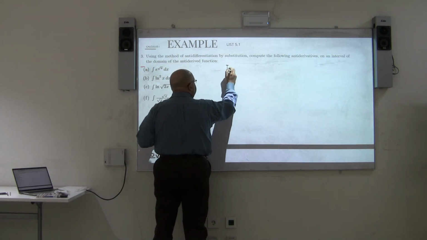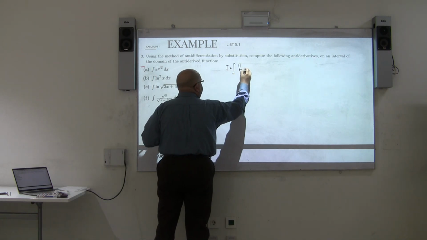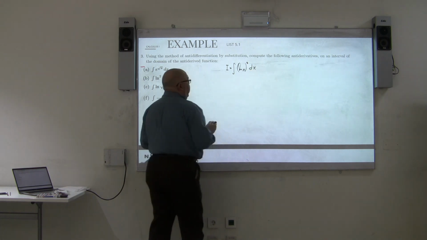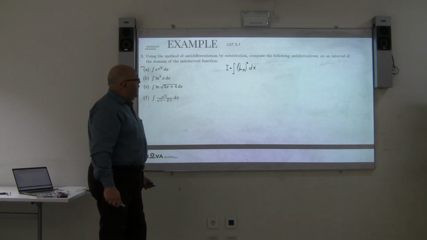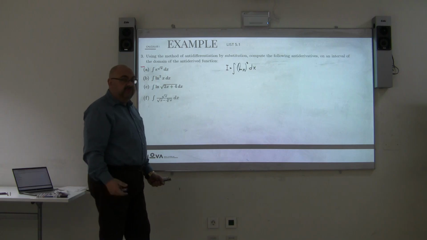The second problem is I equal to the integration of ln x to the power of 2 with respect to x, as you can see. If I want to integrate this problem, I have a problem, which is I don't have the derivative of ln of x.